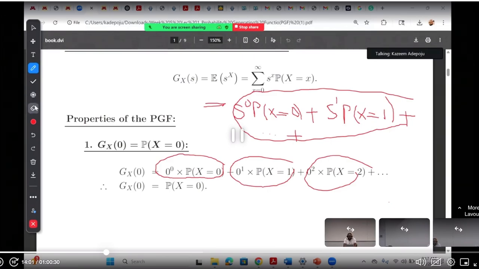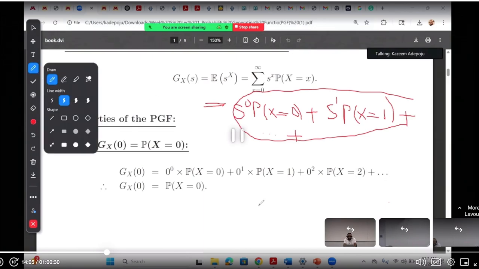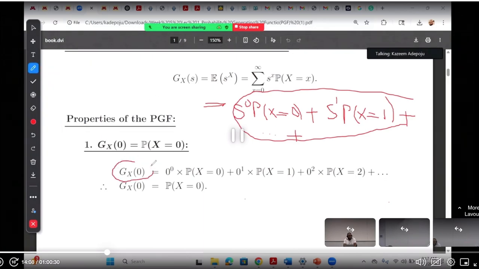And if I got 0 at the end of the day, for g of s equal to 0, it is the same as the probability of x equal to 0. This is by law. G of 0 means the probability of x equal to 0. What is the implication?